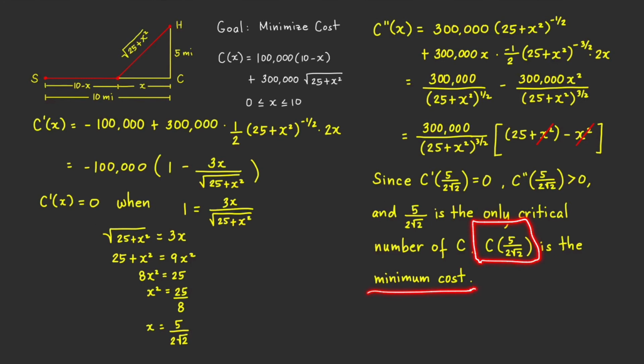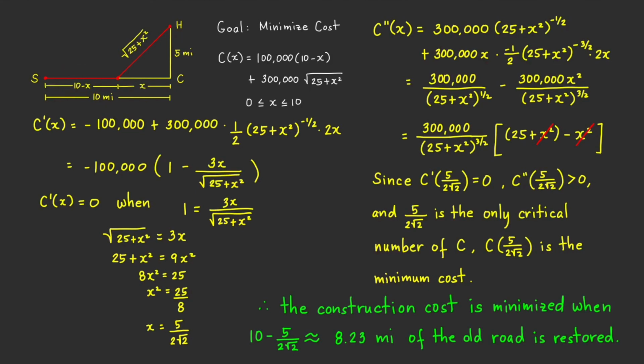And what are we looking for? We're looking for the number of miles that we have to use for this old road. So our final answer is that the construction cost is minimized when this is 10 minus x.